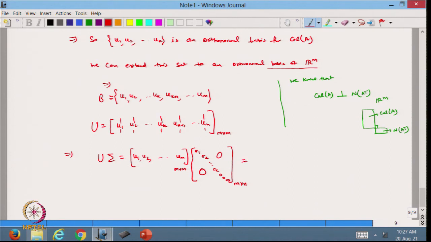Now, if I multiply this one, I will get sigma 1 u1, sigma 2 u2 and sigma k uk, and then I will get 0 uk plus 1 up to 0 um.